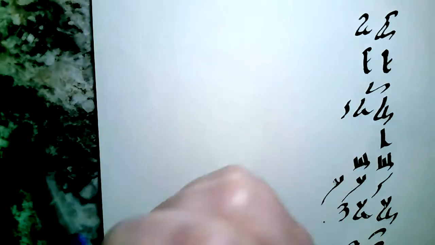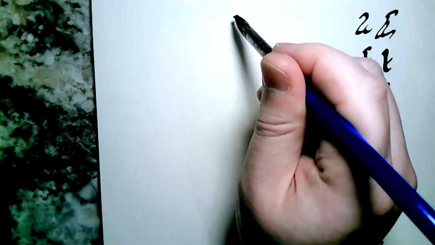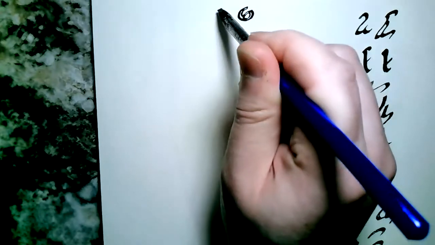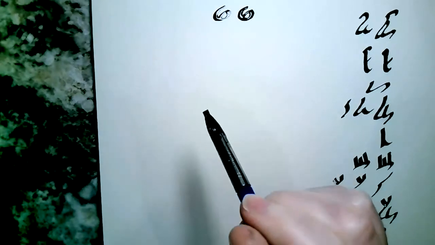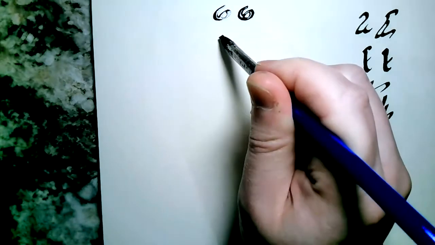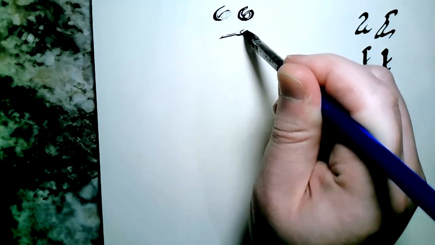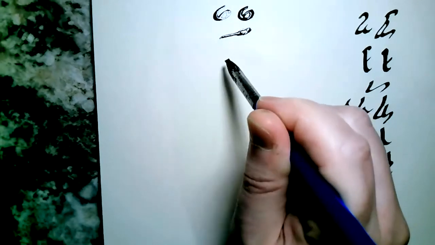So next one is the H. H can be in 2 strokes, or I think sometimes it's 1. Then you have the H or Sh, I don't know, whatever the real sound was, that's the H with the little flat stroke underneath.